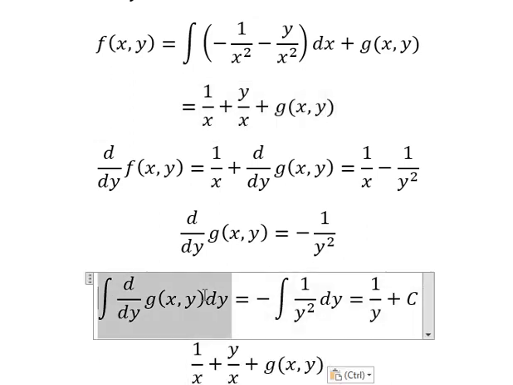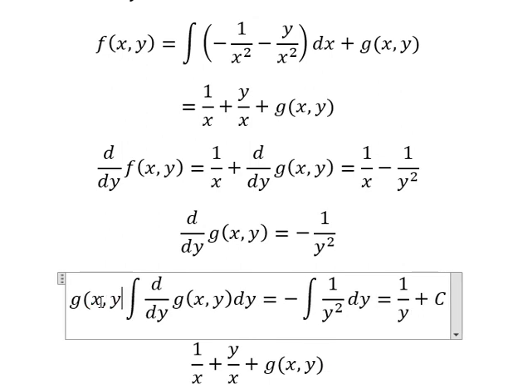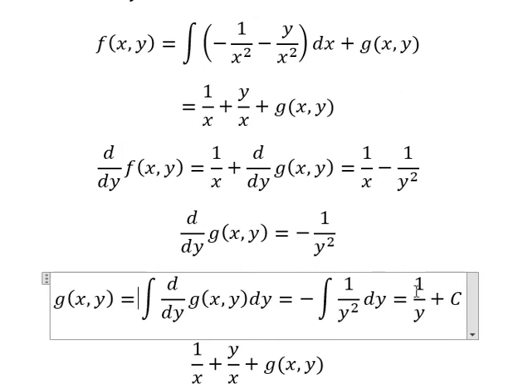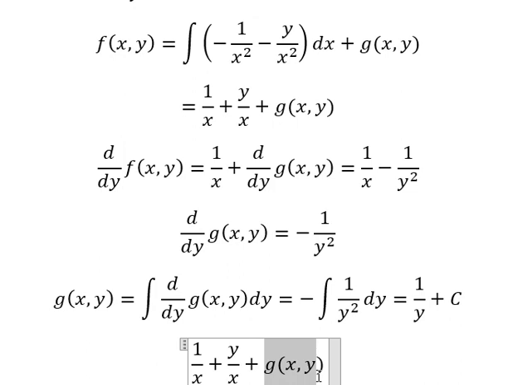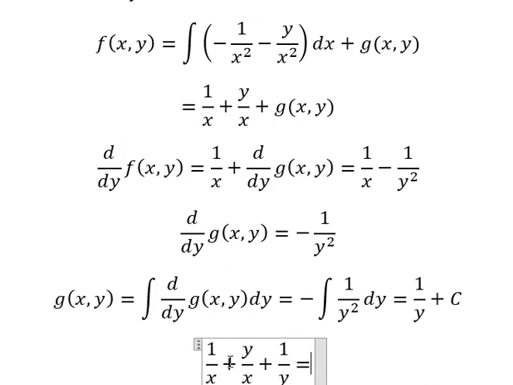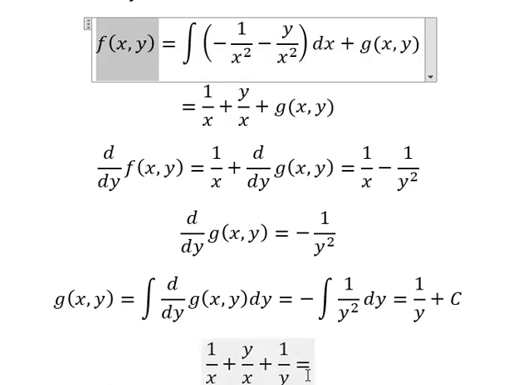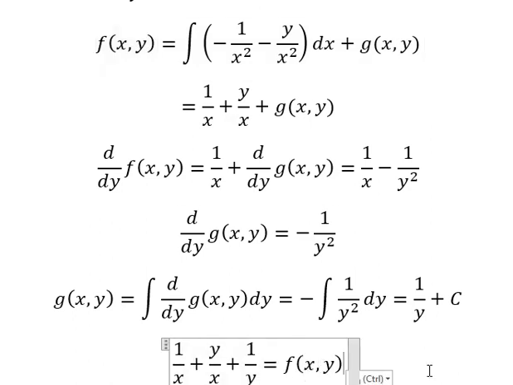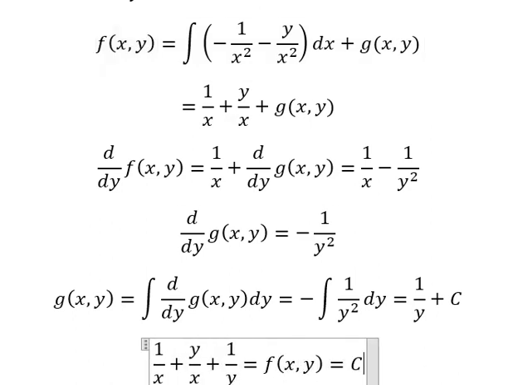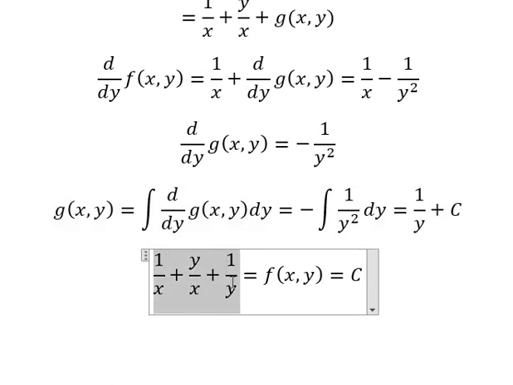So the integration of this one, we have 3xy. So 3xy equals to this one. And we know that this one equals to this one. f(x,y) equal to c. And now we can simplify like this.